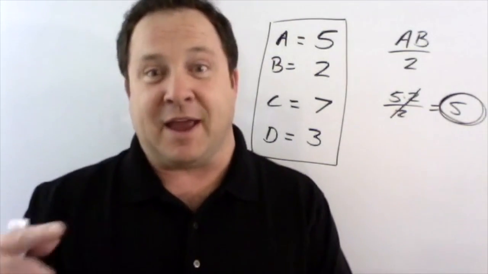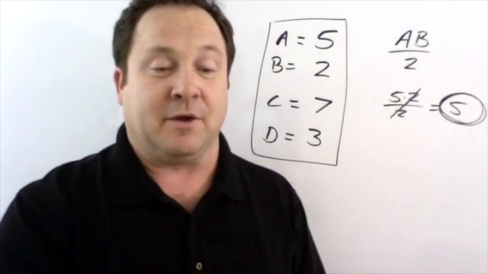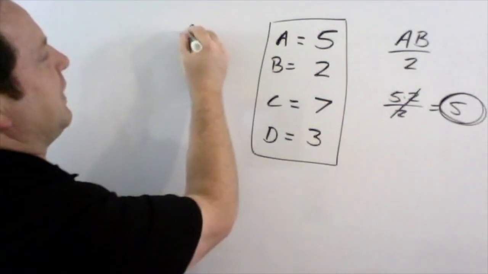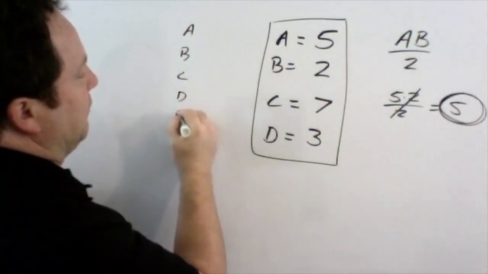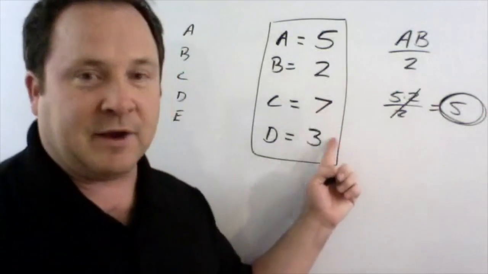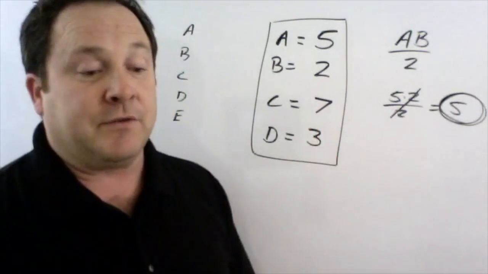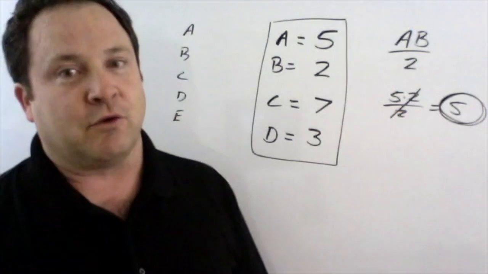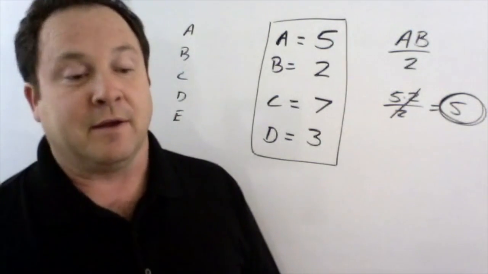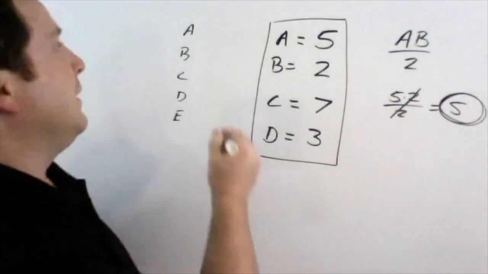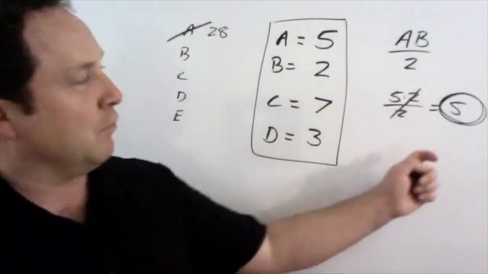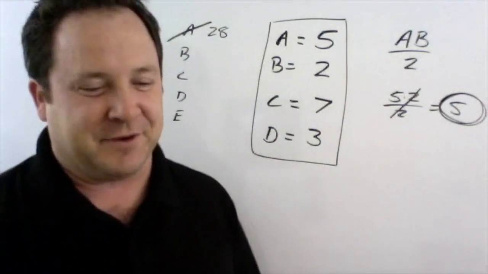Now we have to find the answer choice that agrees that it's going to be 5. So we start down the answer choices, and we look for the one that, plugging in our c and our d, comes out to 5. If you do A, you get c squared, 49, plus d squared, 9, which is 56 divided by 2, that's 28. We're looking for 5, so not the right answer.